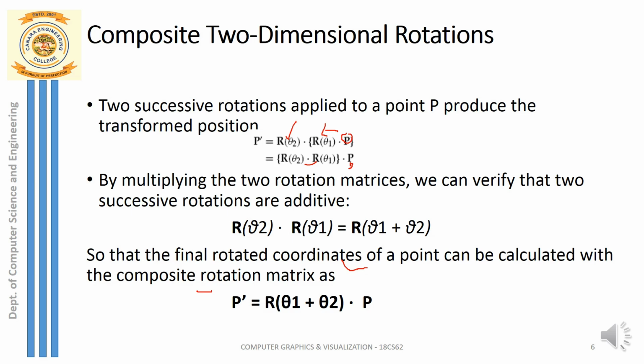This is a combination of R1 and R2, and finally you multiply that with our original point P. This is how you rewrite it, and we can calculate with the composite rotation matrix.